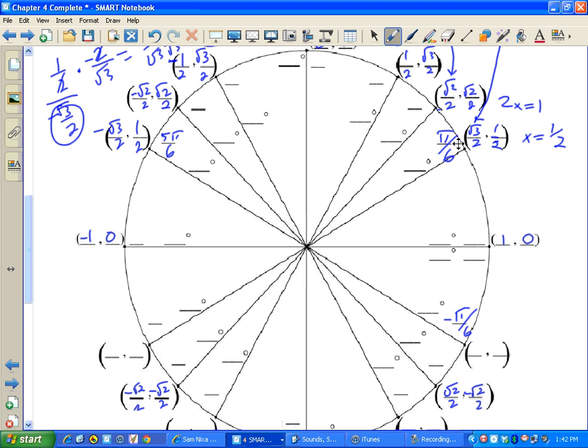If I take the cosine of pi over 6, I get square root of 3 over 2. If I take the cosine of negative pi over 6, I still get square root of 3 over 2. If I take the sine of pi over 6, I get 1/2. If I take the sine of the negative of that, I get the negative of what I got out. So that's even and odd functions.